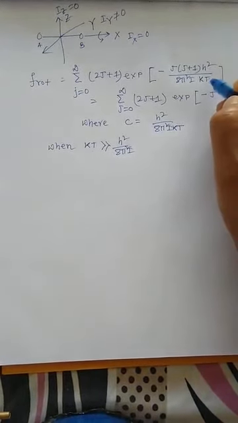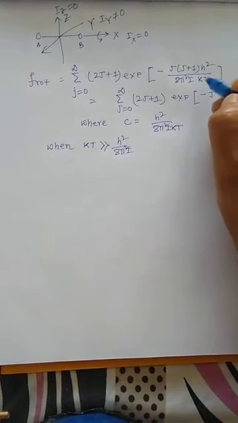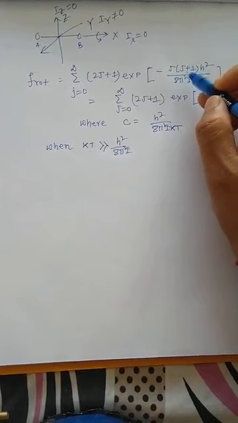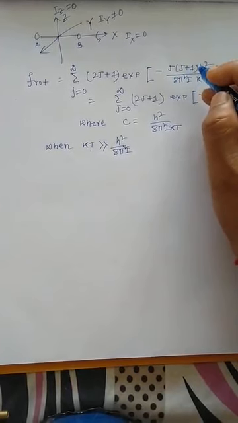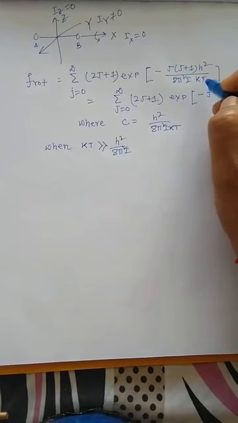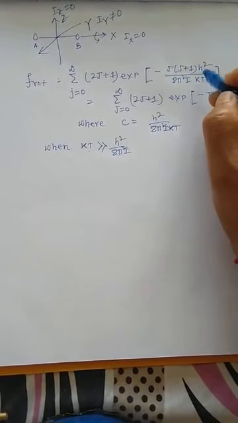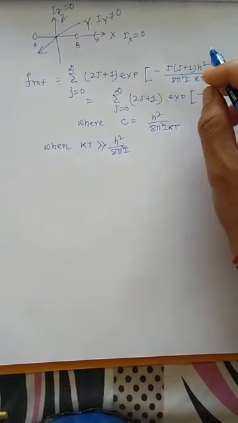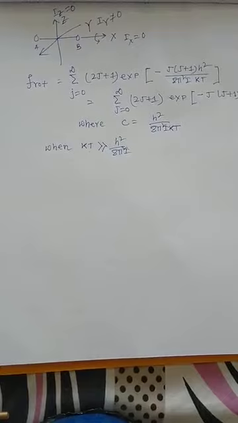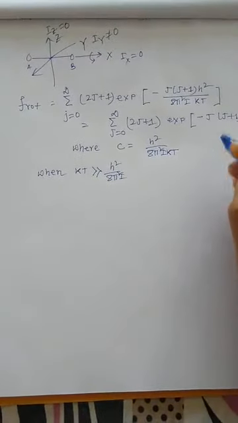Because you can compare here: if kT is very high, then the spacing between two successive rotational energy levels becomes much smaller, because kT appears in this expression in the denominator. So if kT is higher, then the overall term becomes smaller. Still, we have discussed this expression.